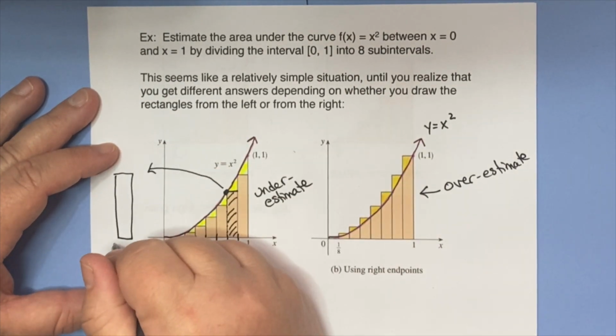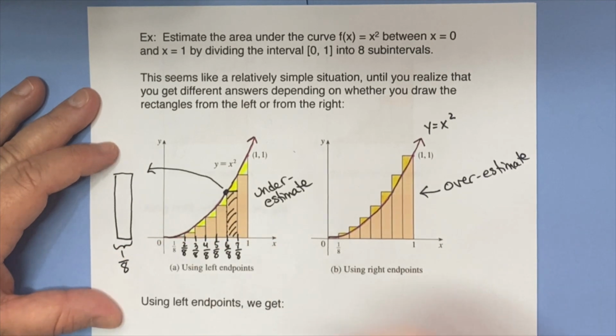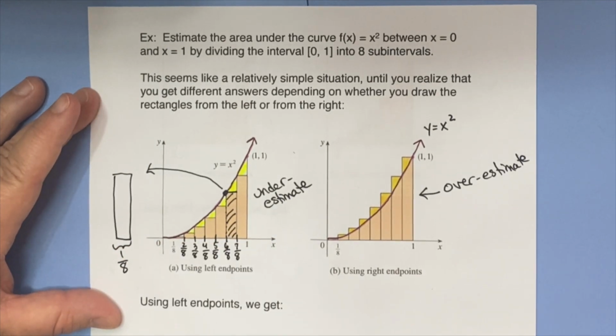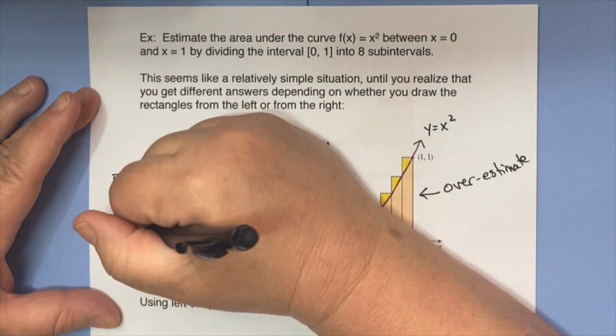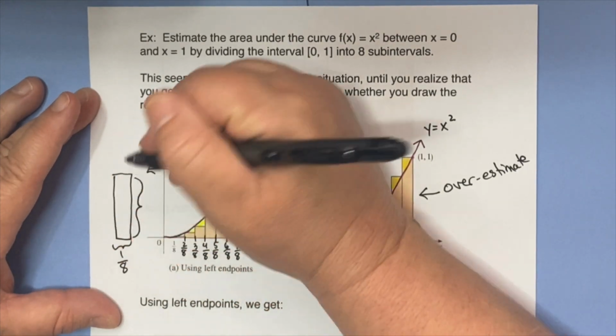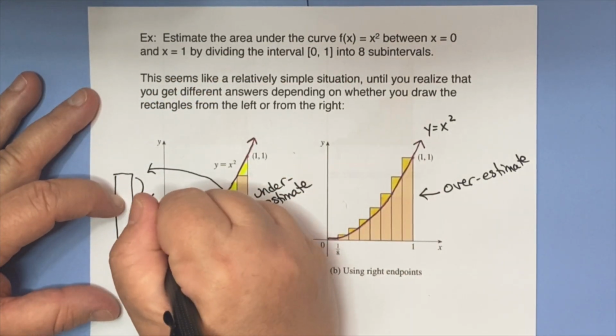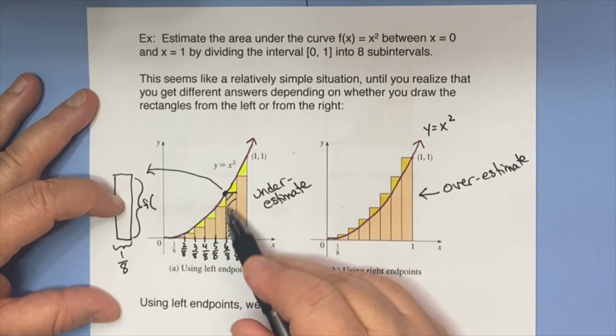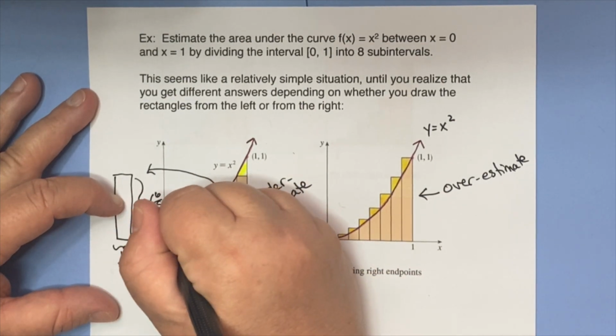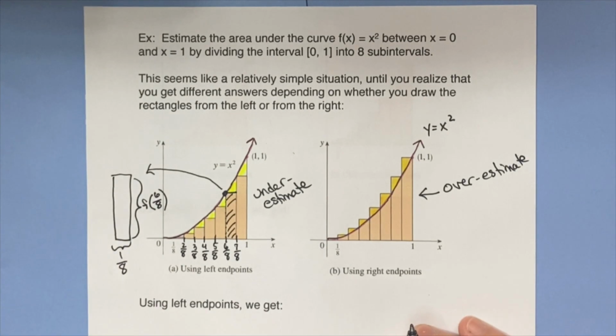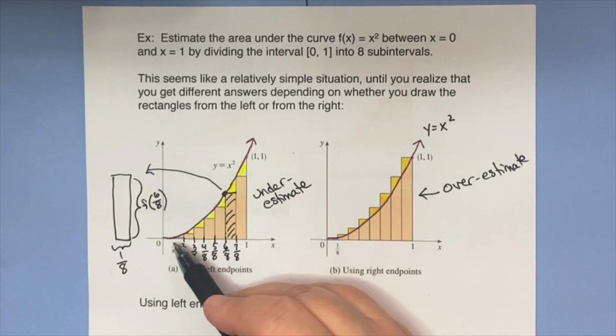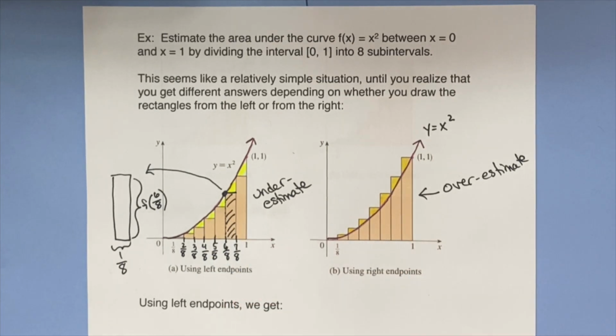This is going to be 1/8 across, right? We broke it up into 8 subintervals. And then here it's going to be f of 6/8. And we find the area by multiplying those two. And so we're going to have to calculate each of these areas.